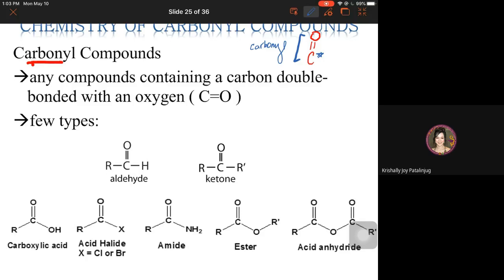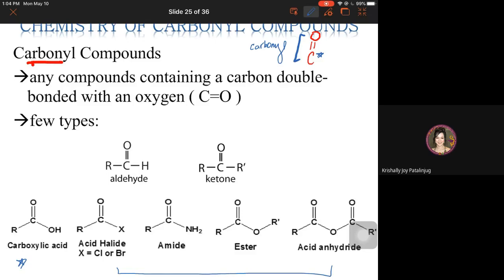Again, these functional groups or compounds are derivatives of carboxylic acid. When you say derivatives, they can be synthesized, they can be derived from carboxylic acid. Nabuo sila from carboxylic acid.